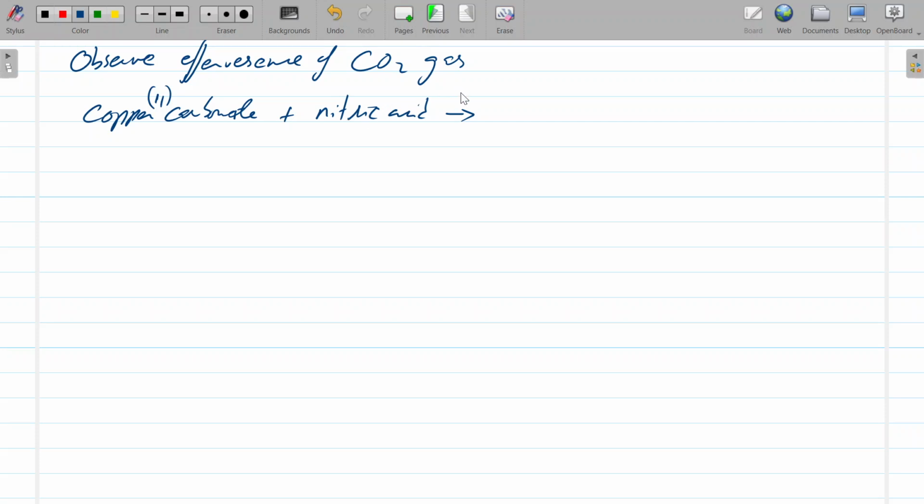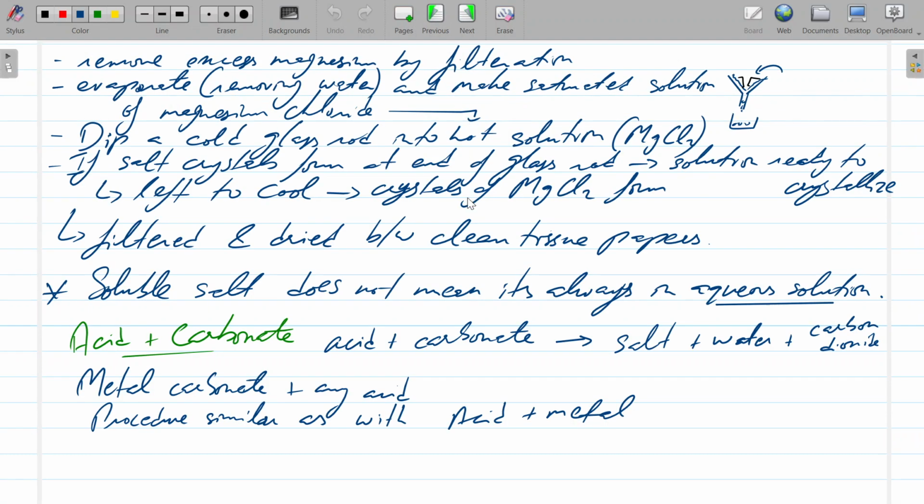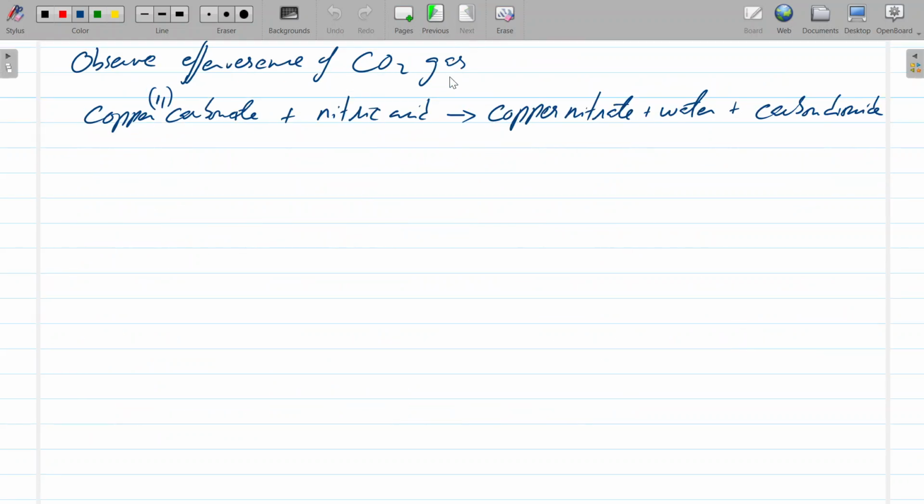Good. So you're going to get copper nitrate plus water plus, right, carbon dioxide. Now, how does that look? If you write out the equation, you've got CuCO3, it's a solid, plus HNO3, that's aqueous.